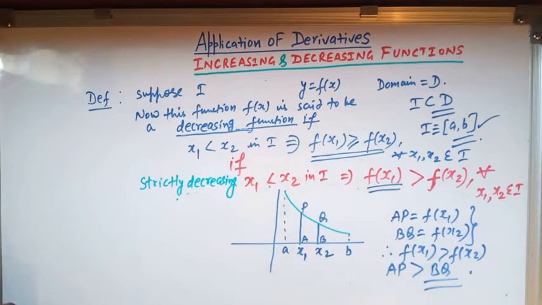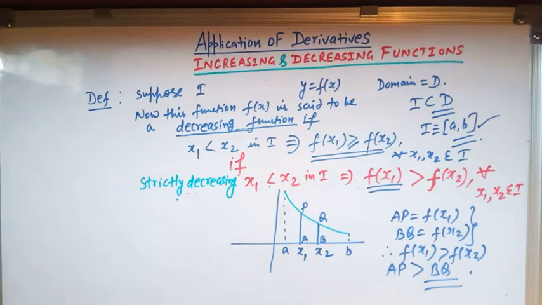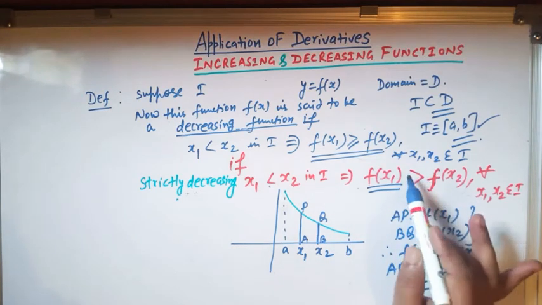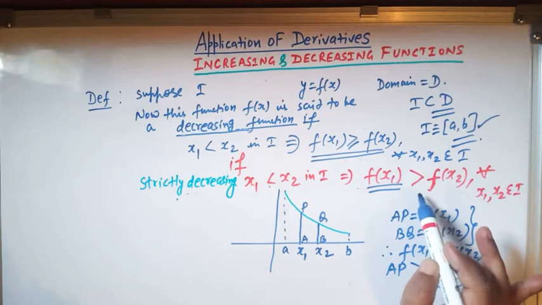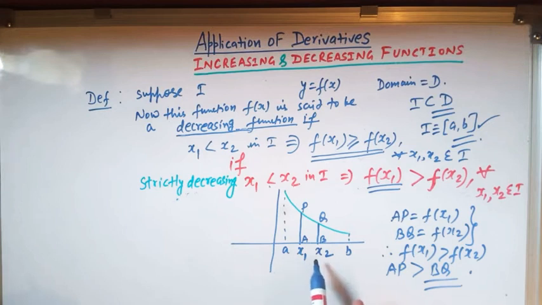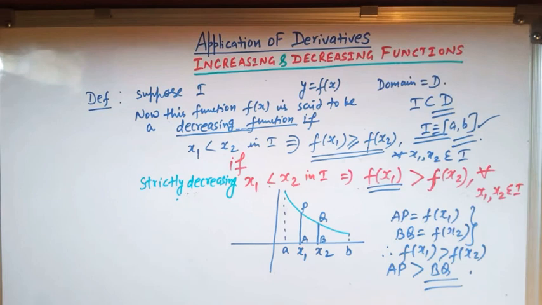So this is how we explain the definition of decreasing function and strictly decreasing function. Here, if we take any 2 points in this graph, then we will always have a strict inequality sign here. We cannot have the equality sign here for any 2 points x1 and x2 belonging to this interval I. Clear?